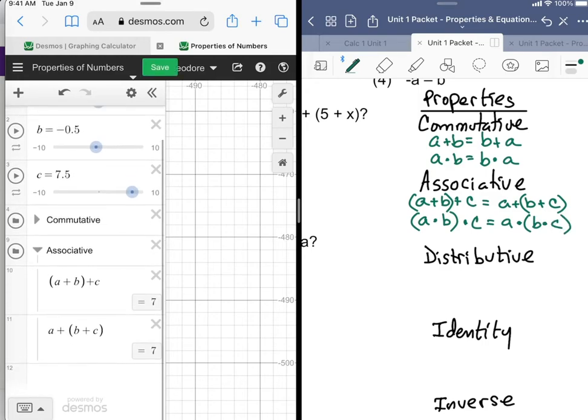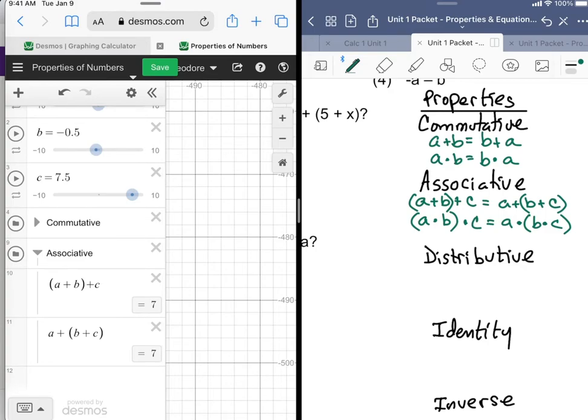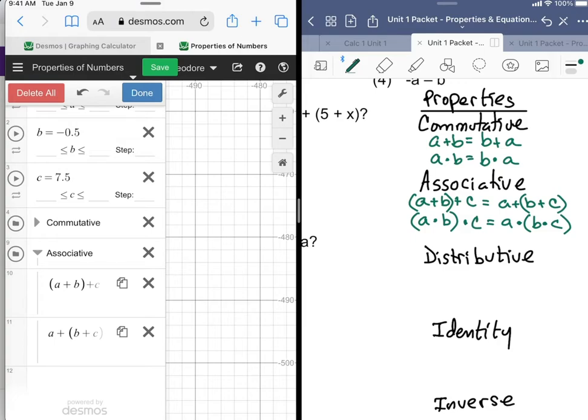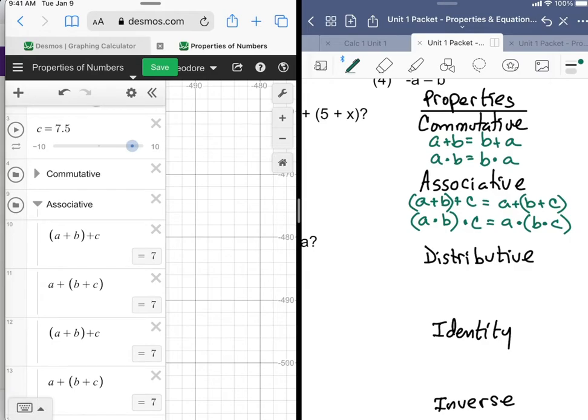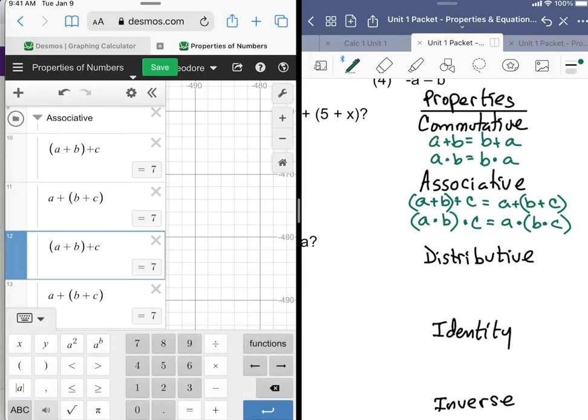So you can go a couple of different routes with this. You can type it all in again, or you can hit that little gear icon, which allows you to duplicate. So that's what I'm going to do here. I'm going to duplicate each of these commands and then go back and replace the additions with multiplications.